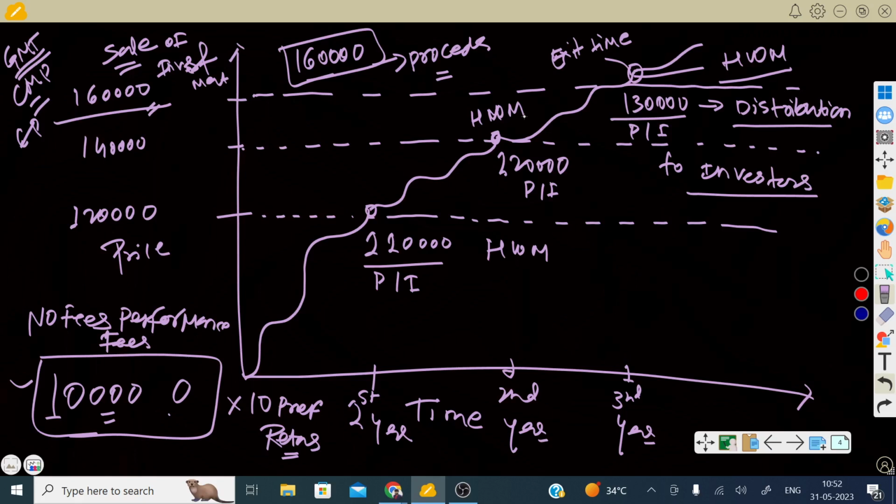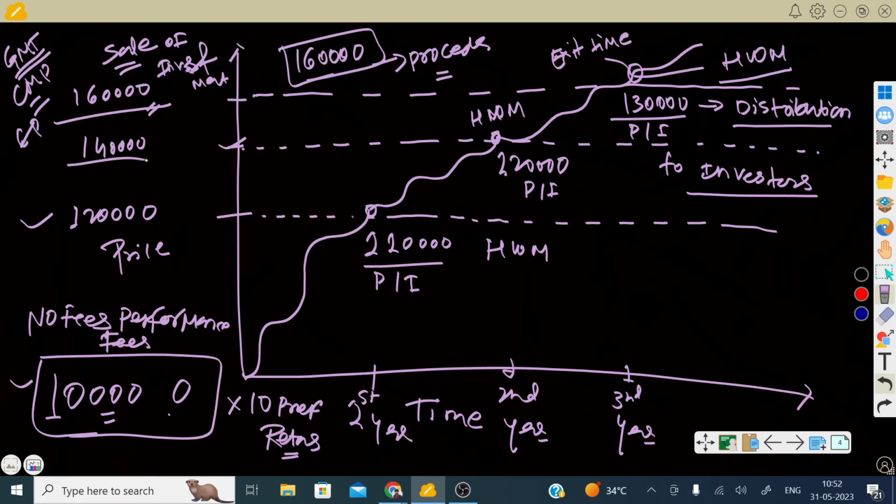See the calculation here also. The actual cost of investment is 1 lakh 10, but the fund generated a return of 1 lakh 20. In the second year, the high watermark is 20,000 as interest payment and 1 lakh as the initial investment, but the fund generated a return up to 1 lakh 40,000.